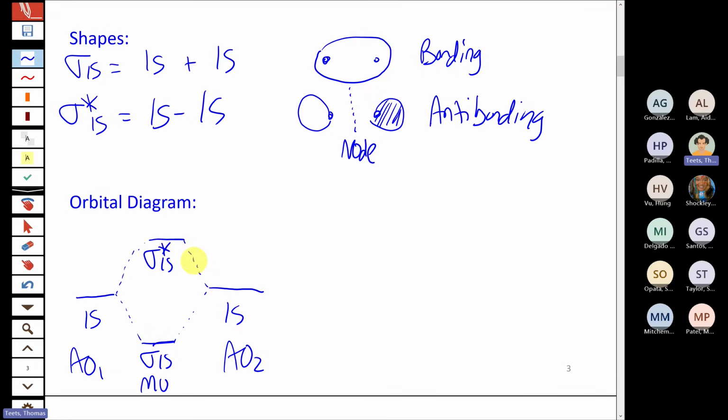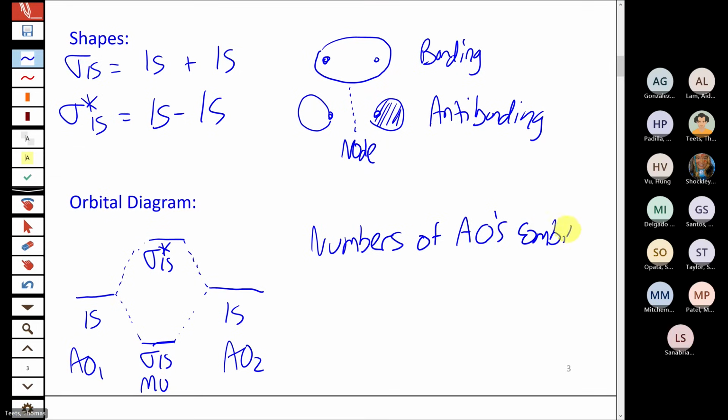And in general, whenever we're mixing orbitals to make molecular orbitals, an important consideration is that the number of atomic orbitals that we're combining will equal the number of molecular orbitals that are formed. So if we're combining two 1s orbitals like we are here, we'll get two molecular orbitals, one bonding, one antibonding.